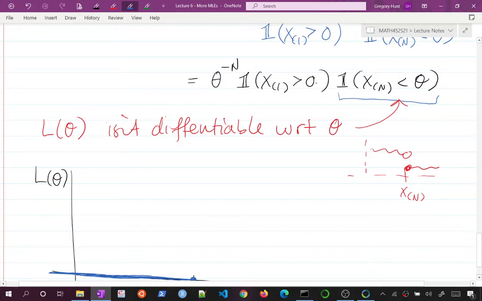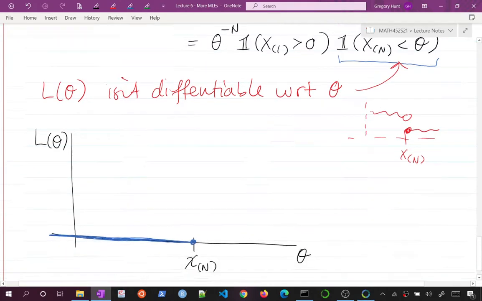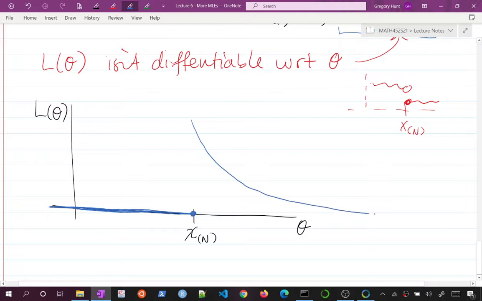If my data truly came from a uniform distribution, all of it is going to be bigger than 0, so this is always going to be satisfied by any sample. It doesn't depend on theta. And so both of these will be 1s, and we're just going to get theta to the negative n. Theta is a positive number. Theta to the negative n looks like 1 over theta to the n. So it's some function that looks like that. I guess we have to draw it kind of like this.